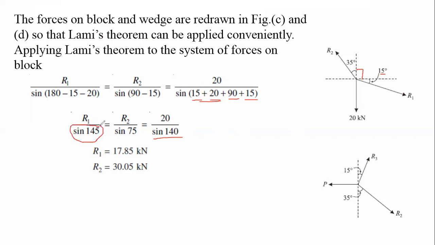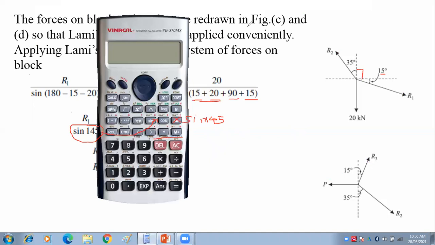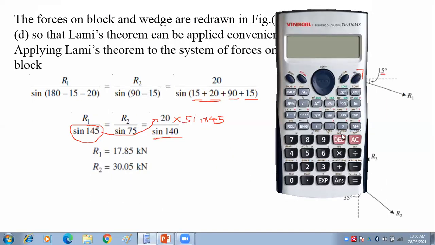Now once you have all this, it is easy to find out. Let us take this sine 140 term to the other side. What will happen? It multiplies with this term, sine 145, over here. Now let us calculate this term. 20 into sine 145 divided by sine 140 gives 17.84, that is R1.